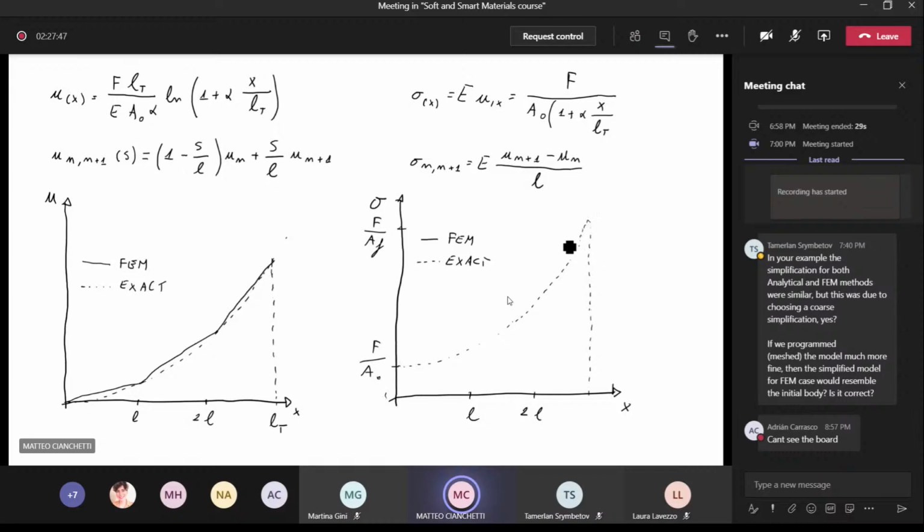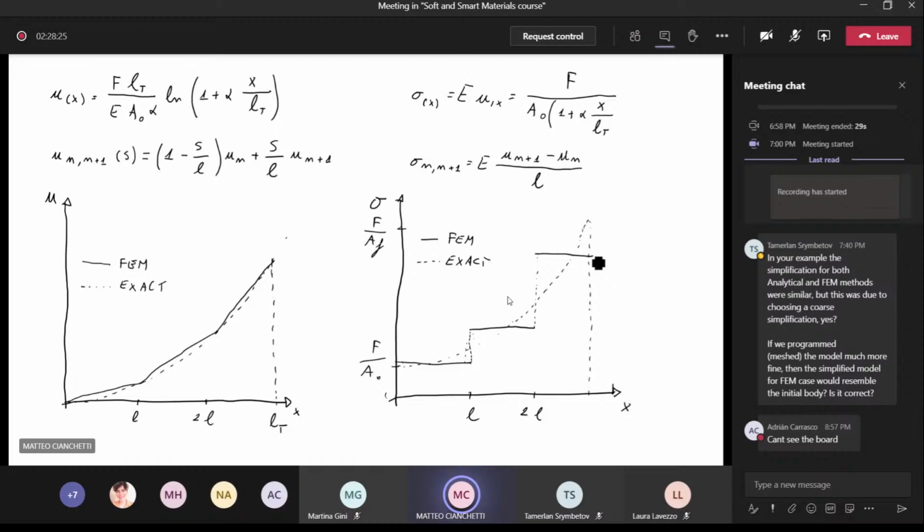The FEM in this case is constant, right? It's not depending on S, on x or whatever you like, the longitudinal coordinate. So it means that actually it is going in steps. So there are sort of steps between all the stresses that are calculated by the FEM.